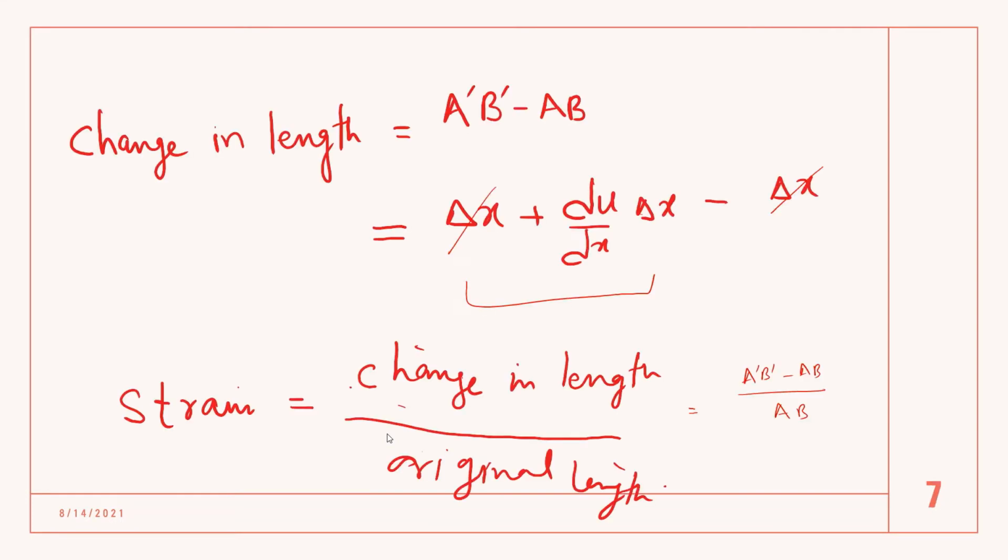So here we will see that A prime B prime minus AB is du by dx into delta x, upon delta x. So this would get cancelled out, and that would be equal to du by dx.